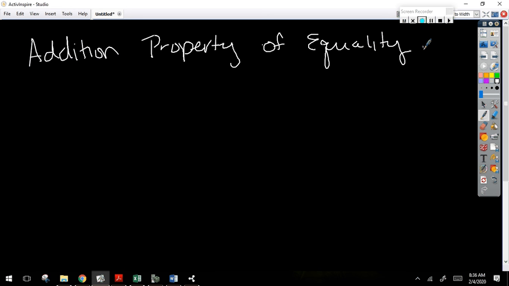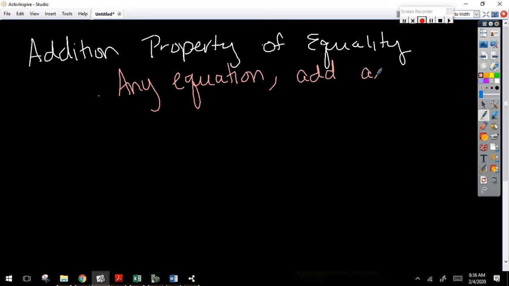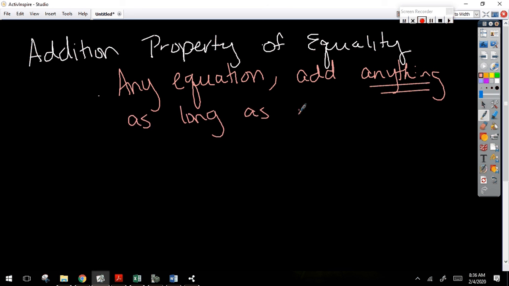It tells us that if we have an equation, any equation, then I can add whatever I want as long as I add the same thing to both sides.